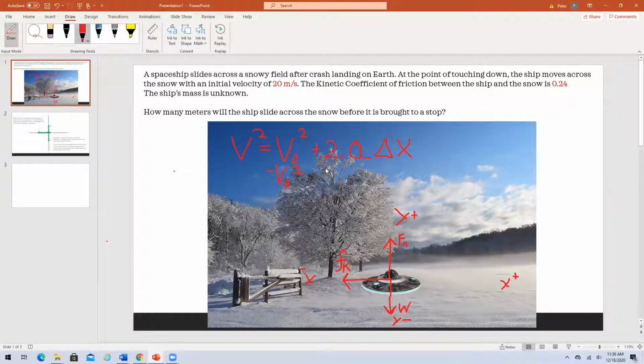And at that point, if I want to solve for delta x, all I would really need to do is just divide both sides by 2a. This cancels, that cancels. Now let me rewrite this. I don't really have a lot of room on this little picture here, but just erase it and I'll rewrite it in its proper form.